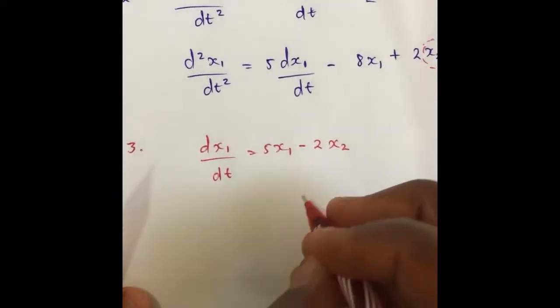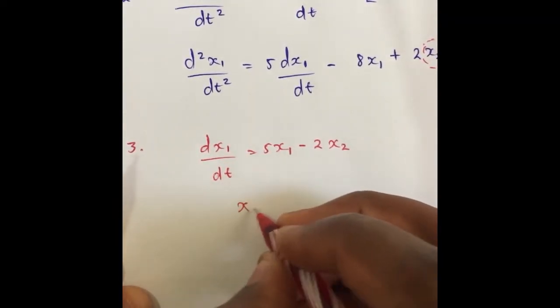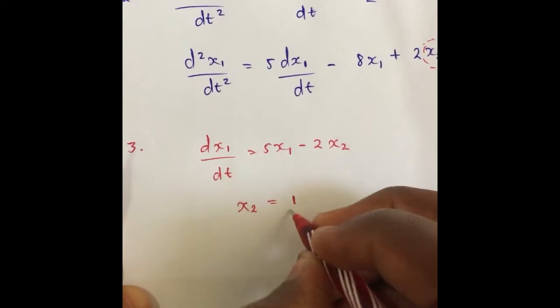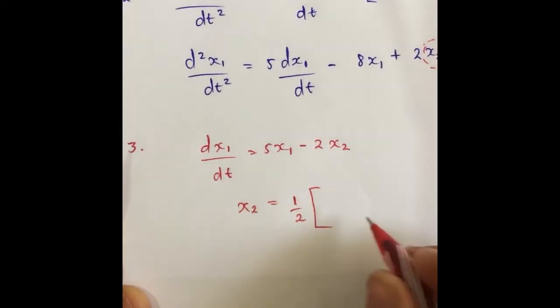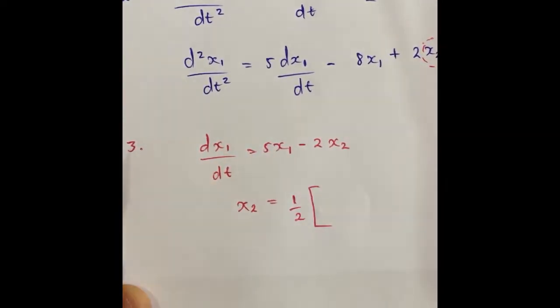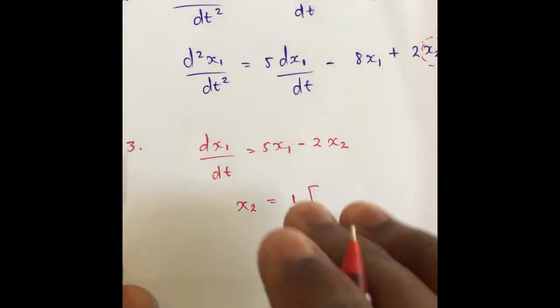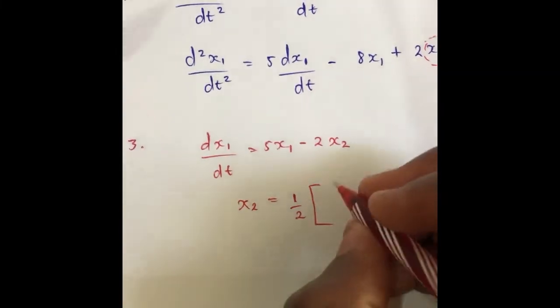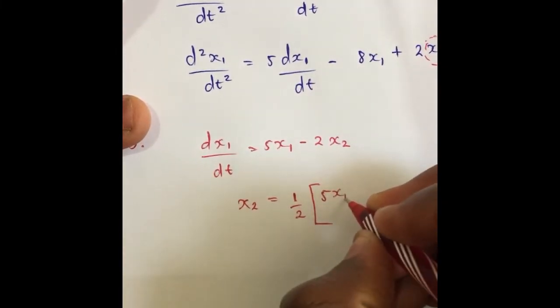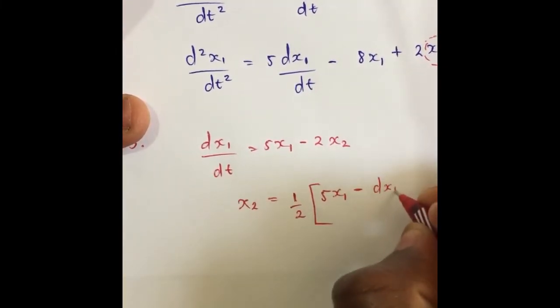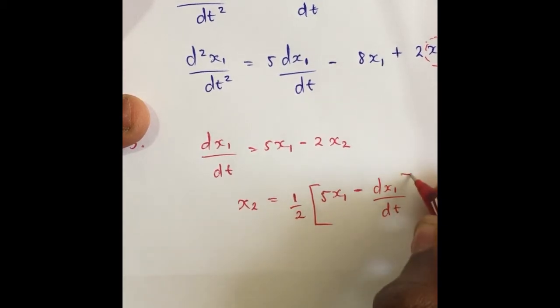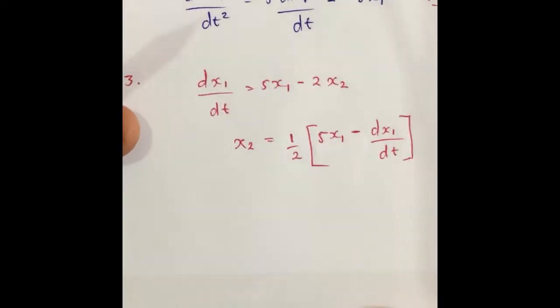Now this is the same as saying x2 equals half into, I would advise you to pause for a second and get that, and you'll get 5x1 minus dx1 over dt. This is your x2.